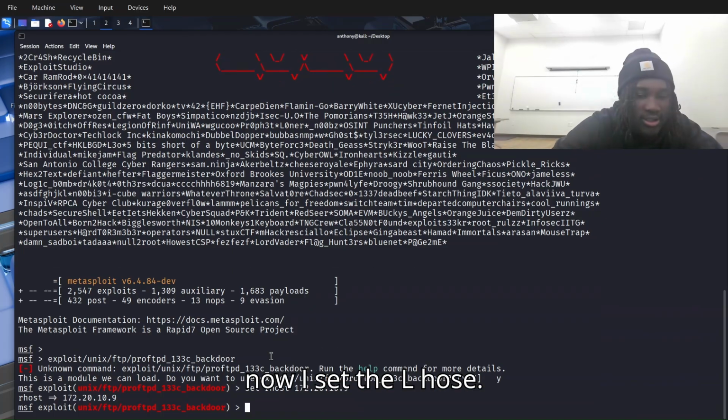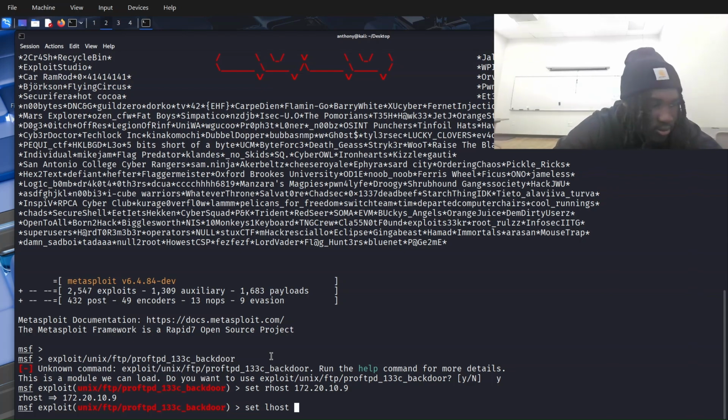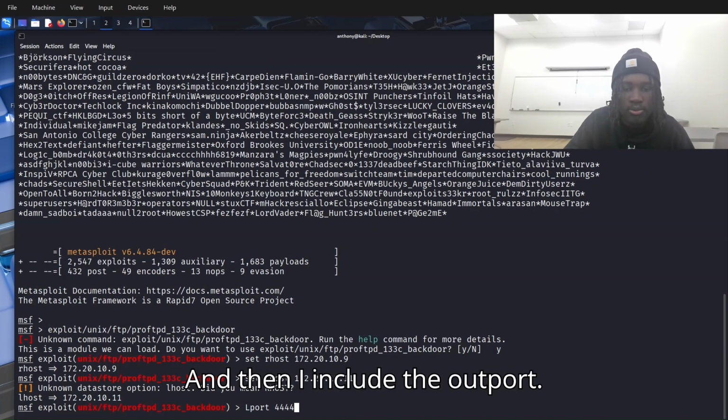And now I set the LHOST, 172.20.10. Then I include the LPORT.